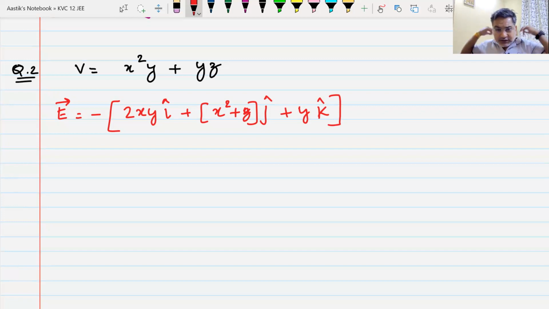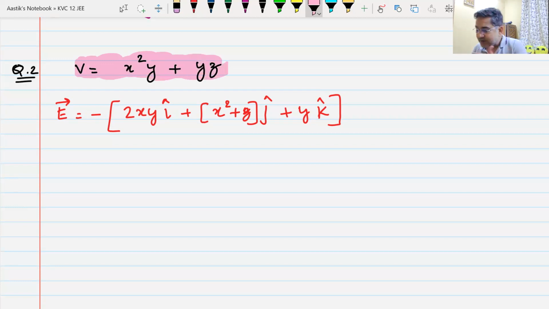Okay. So this is the general way of finding out the electric field vector from your potential functions. We call this, gentlemen, which is in pink, the potential function. And from there we have calculated the electric field. The same question could be put in a different way.